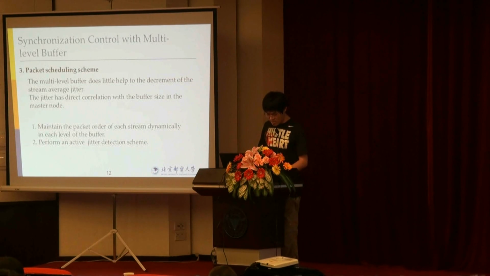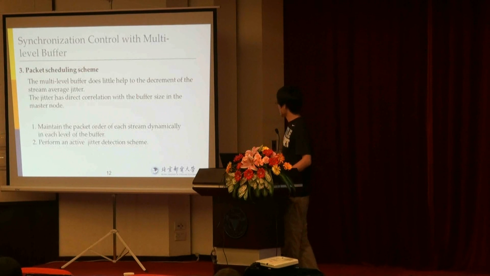In each buffer, according to the carried generation time, we try our best to maintain the packet order of each stream. In this way, we can transmit the packets in order and release the effect actively.